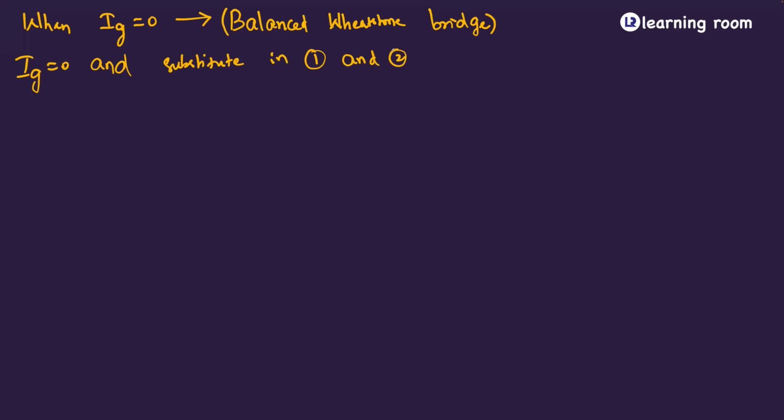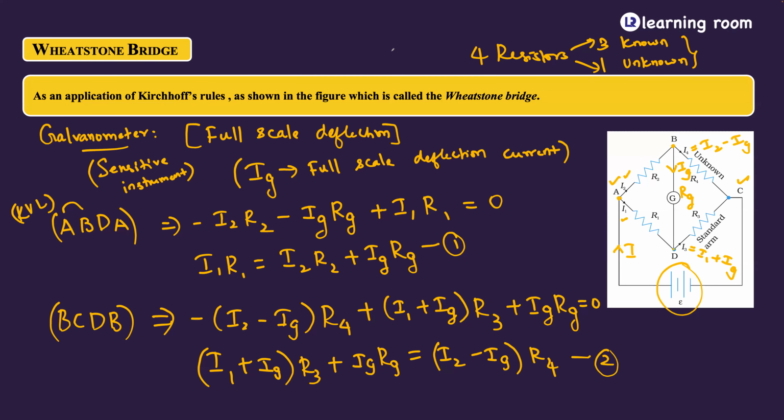If you observe, the first equation is I1 R1 is equal to I2 R2 plus Ig into Rg.